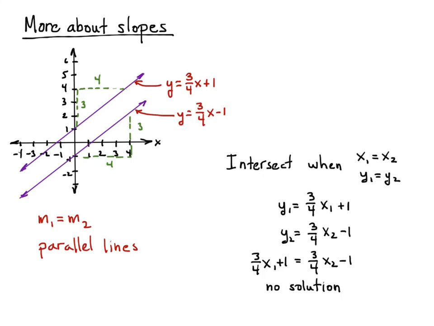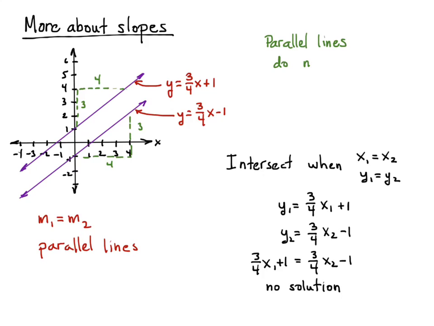If we subtract 3/4 x from both sides, we get plus 1 equals -1. And so we get a contradiction that says that if we have two lines with the same slope, they're never going to intersect. And indeed, that's what parallel means, that they're never going to intersect.